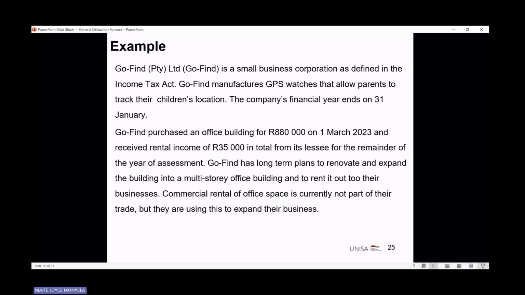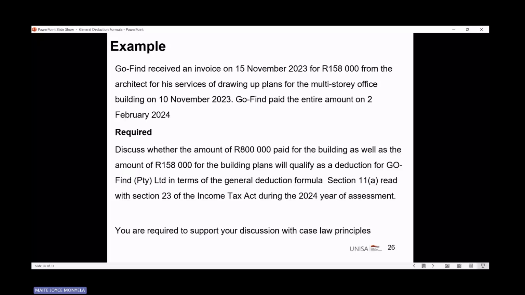So Jofine received an invoice on the 15th of March 2023 for 158,000 from the architect for the service of drawing up a plan for multi-story offices. On 10 November 2023, Jofine paid the entire amount. They paid the whole amount on that date.